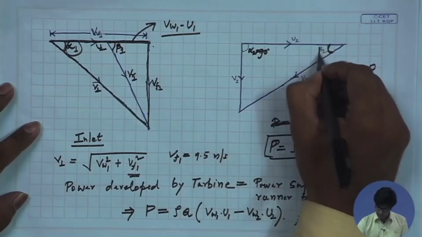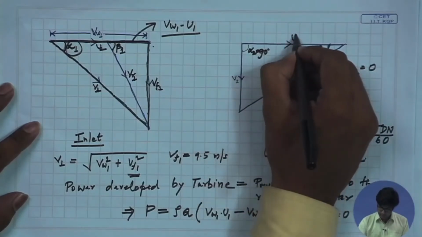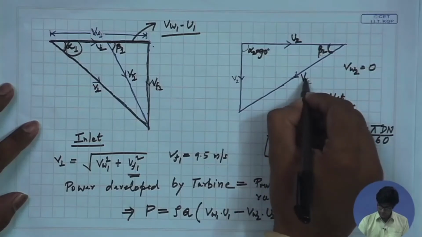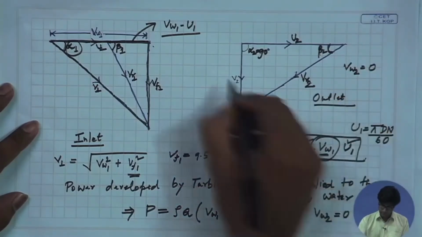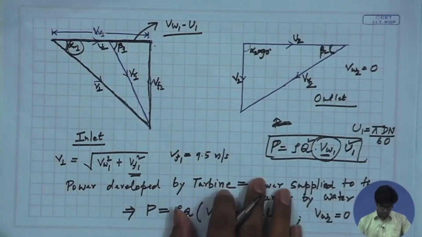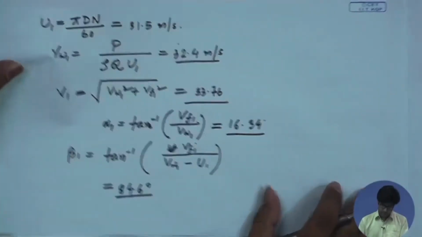This is the runner blade angle at the exit. This is the peripheral velocity of the runner at the exit. This is the relative velocity at the exit and this is the absolute velocity of water at the exit. So, finally, what we are required to find out is the loss of head in the runner.